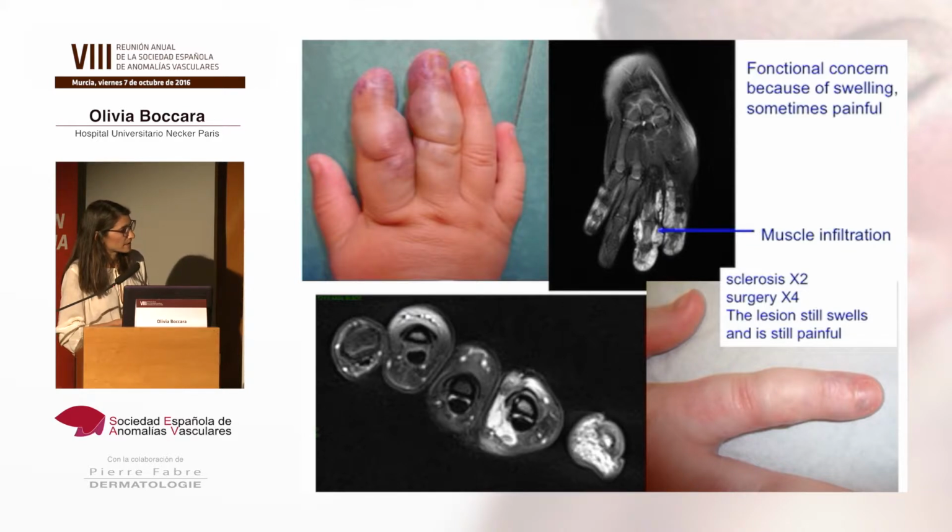And you can see with these examples that the interventional treatments are sometimes useless. This patient, she's a teenager. She has been through 2 sclerosis, 4 times surgery, and still, this is the MRI after the treatment. Still, she has the lesion in her fingers, and still this lesion swells and is painful.